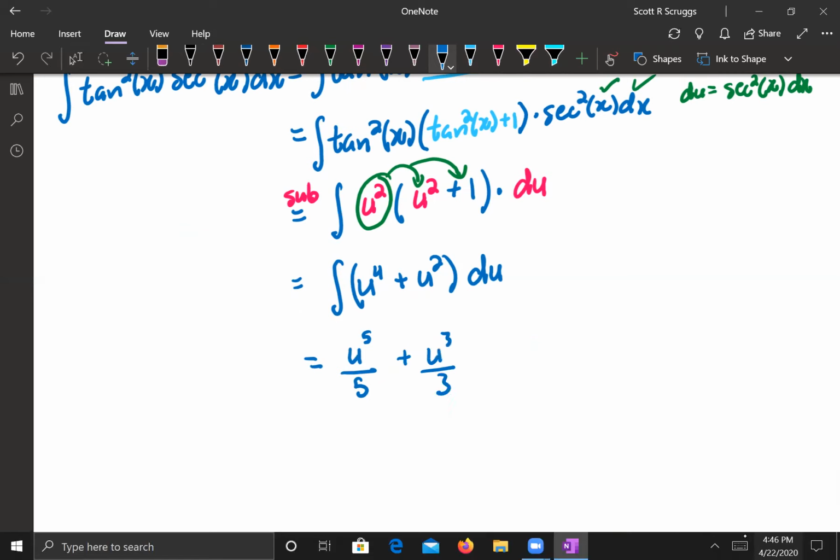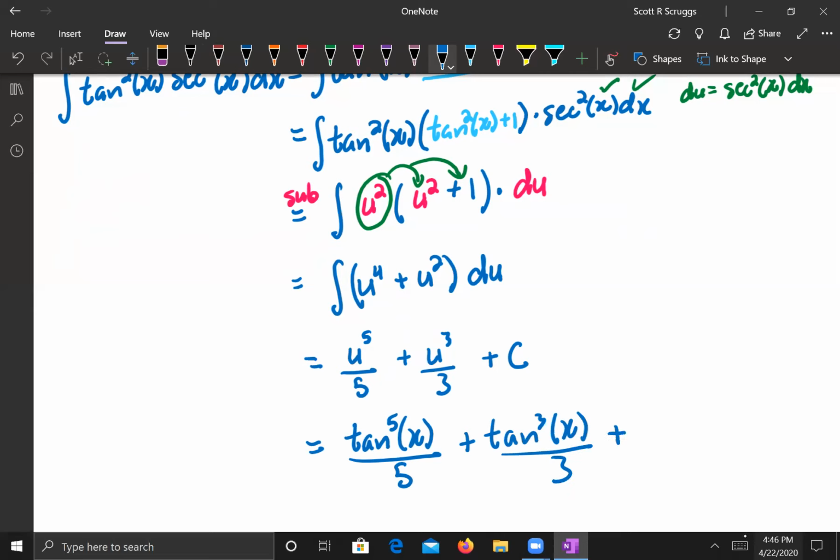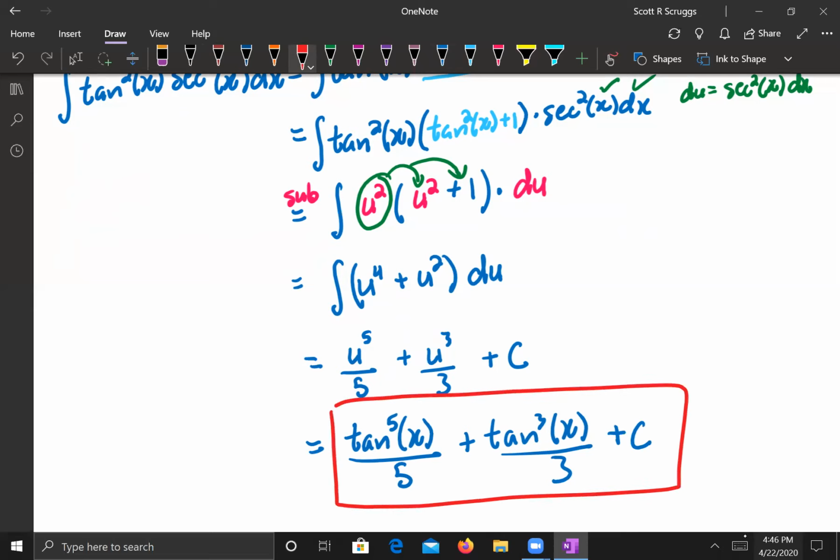Since I've evaluated my integral, I add a plus c. And since I've done a u sub, I now write my answer back in terms of what I called u at the very beginning. So my final answer for this problem is tangent to the 5th power of x over 5 plus tangent to the 3rd power over 3 plus c. And that will be my final answer for that example.